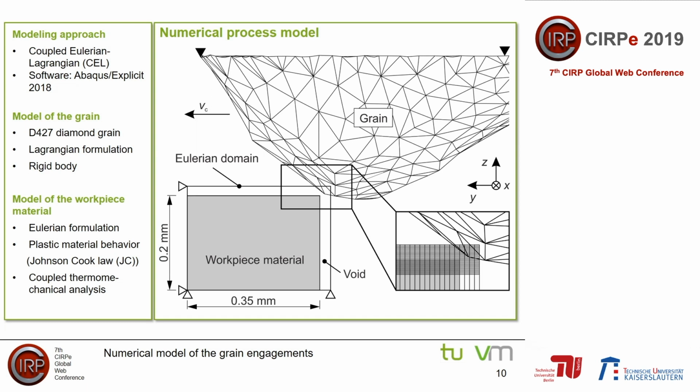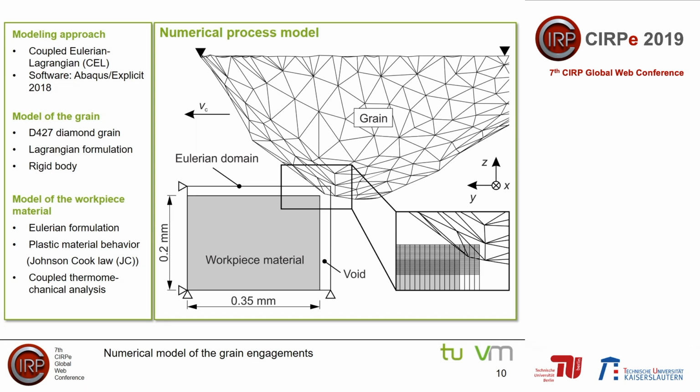Thereby, the grain was assumed to be rigid, while the model of the workpiece was described by an Eulerian formulation. Within the fixed Euler domain, the workpiece material was assigned to a predefined field and could move through the mesh due to an interaction with the grain.